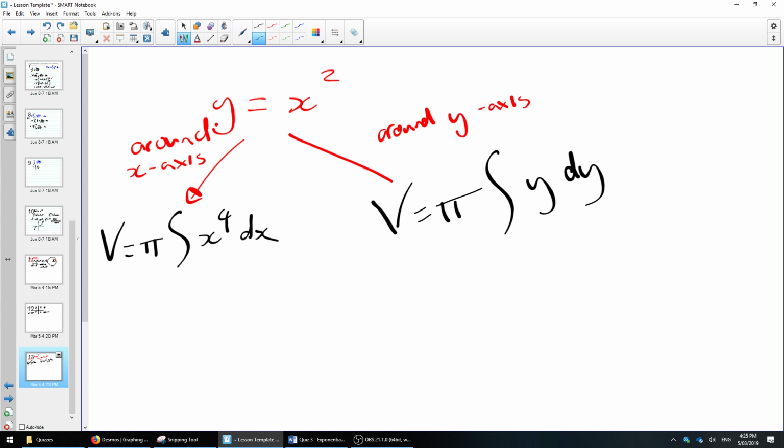These integrate the same. So y is x squared. That means y squared equals x squared squared.